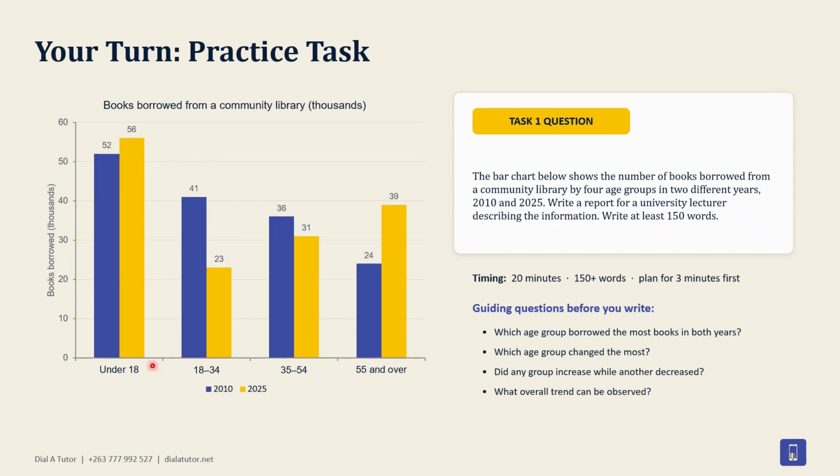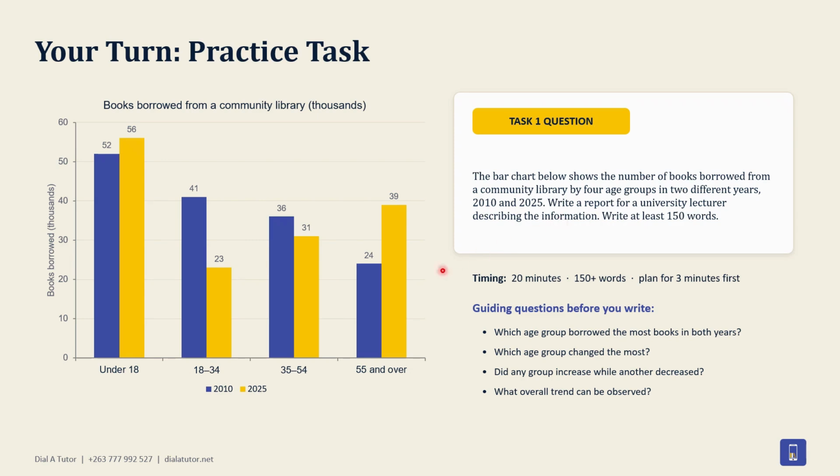Now it's your turn. We have this question, and perhaps you are supposed to press pause and look into the question. All right. Task question. The bar chart below shows the number of books borrowed from a community library by 4 age groups in 2 different years, 2010 and 2025. Now you've got the age groups: under 18, 18 to 34, 35 to 54, 55 and over.